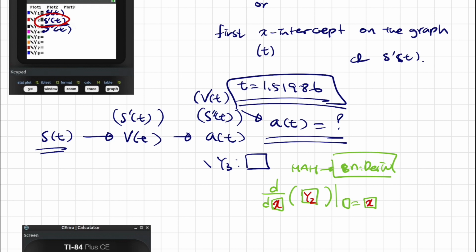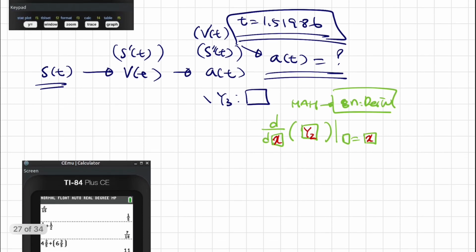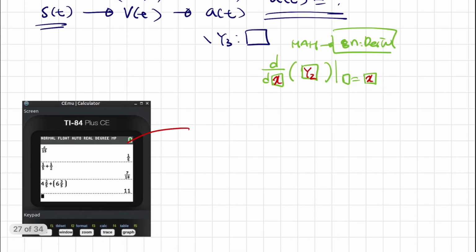You can always find your acceleration value from your graph window, but the best way of doing it is using your calculator screen. On your calculator screen, you're going to identify y3, and you will have a bracket like this. Why am I using y3? Because y3 is your acceleration function.